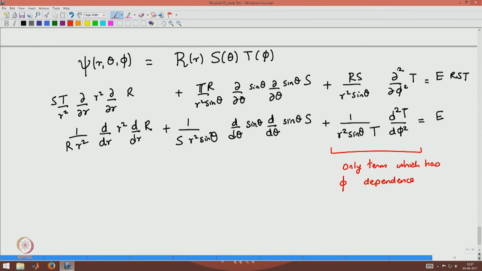So this is the only term that has phi dependence, and so immediately you can say that this phi dependence has to be a constant. So you have a sum of 3 terms, and on the right hand side you have something that is independent of phi. So obviously this phi dependent term has to be a constant. So this implies that 1 over t d square t by d phi square equals a constant.